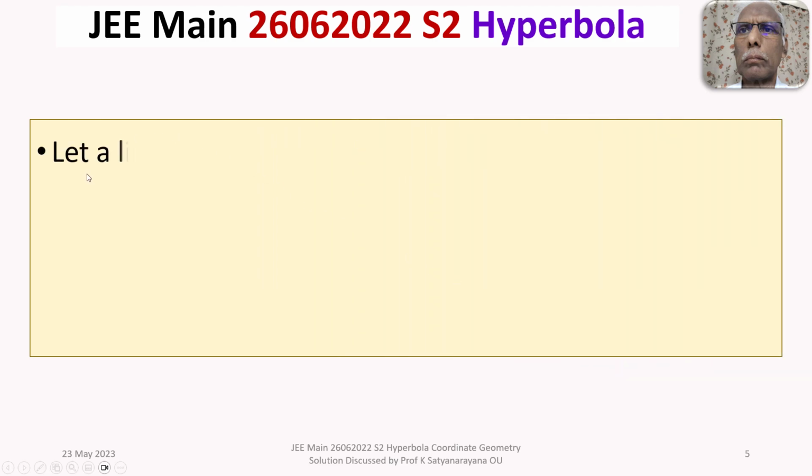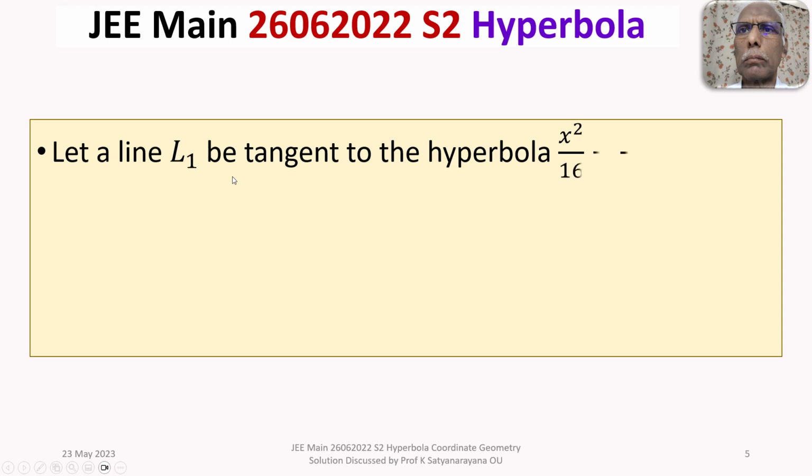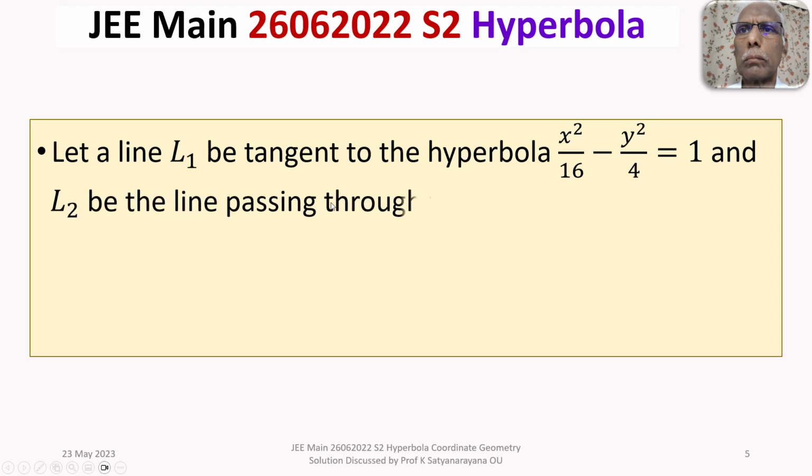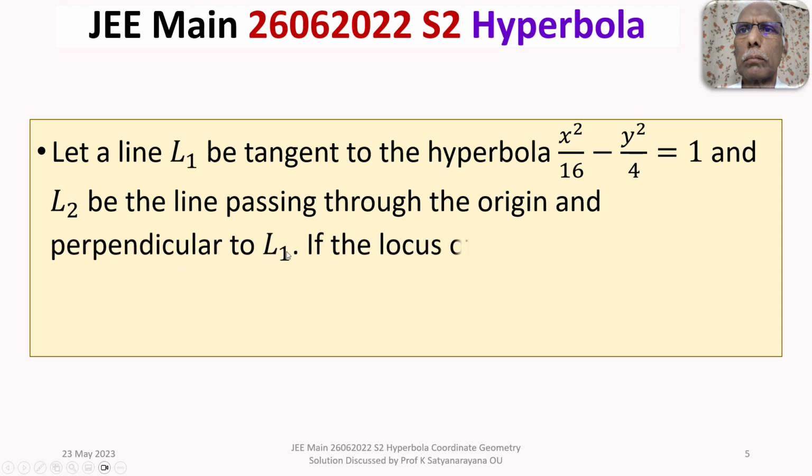The given question is: let a line L1 be tangent to the hyperbola x square by 16 minus y square by 4 is equal to 1, and L2 be the line passing through the origin and perpendicular to L1.